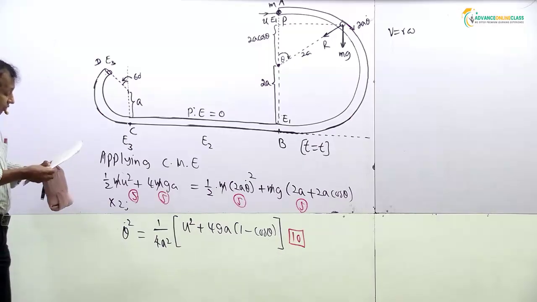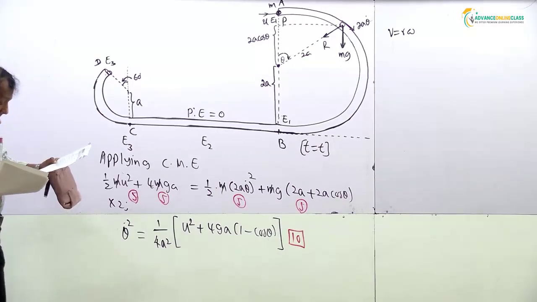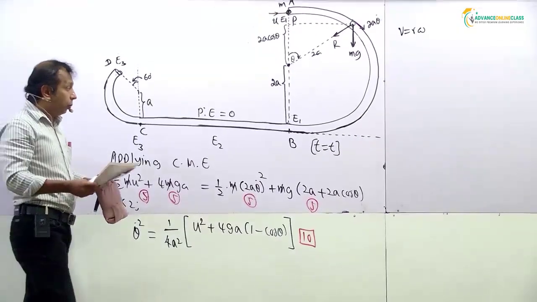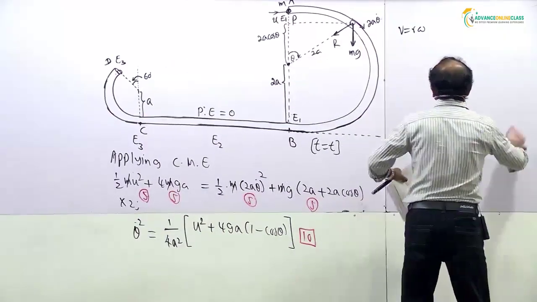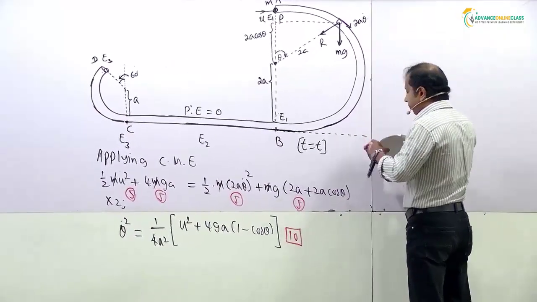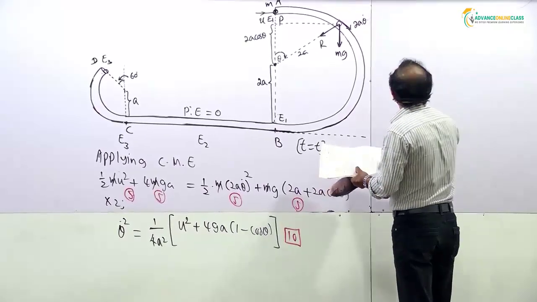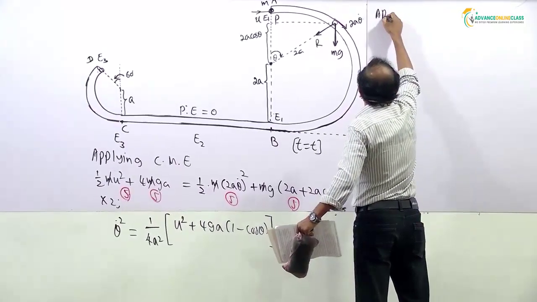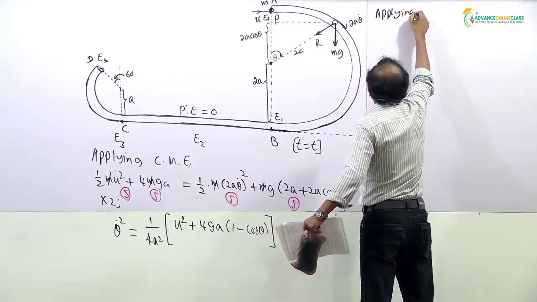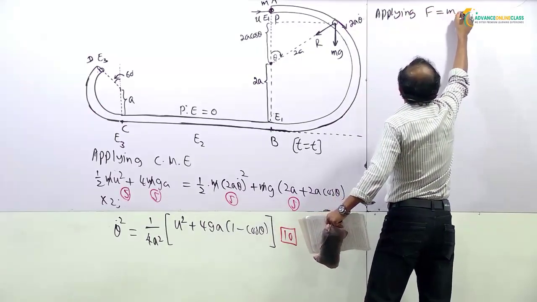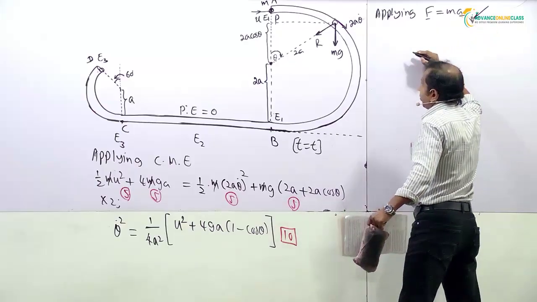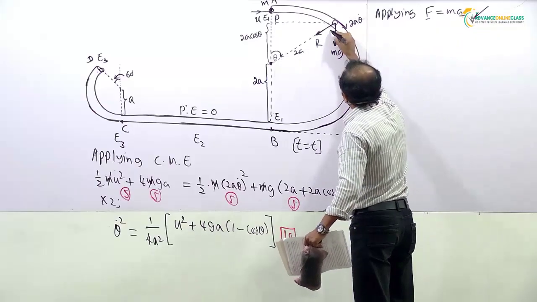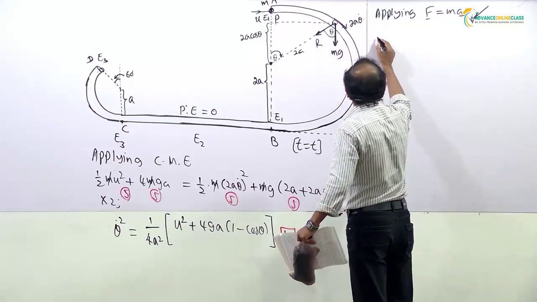Now, what's the next one asking? Also find the reaction on the particle by the tube. Reaction R. We apply F equals ma towards the center. If this is theta, this angle is also theta.